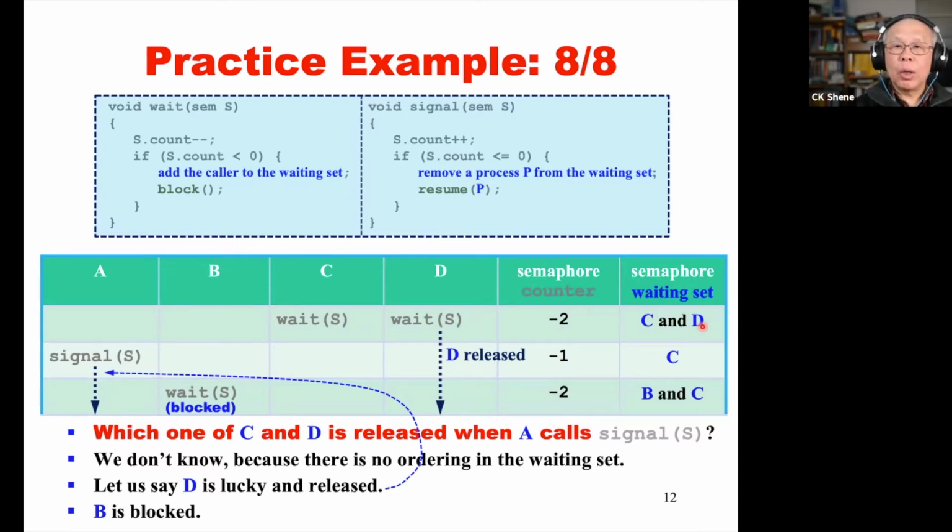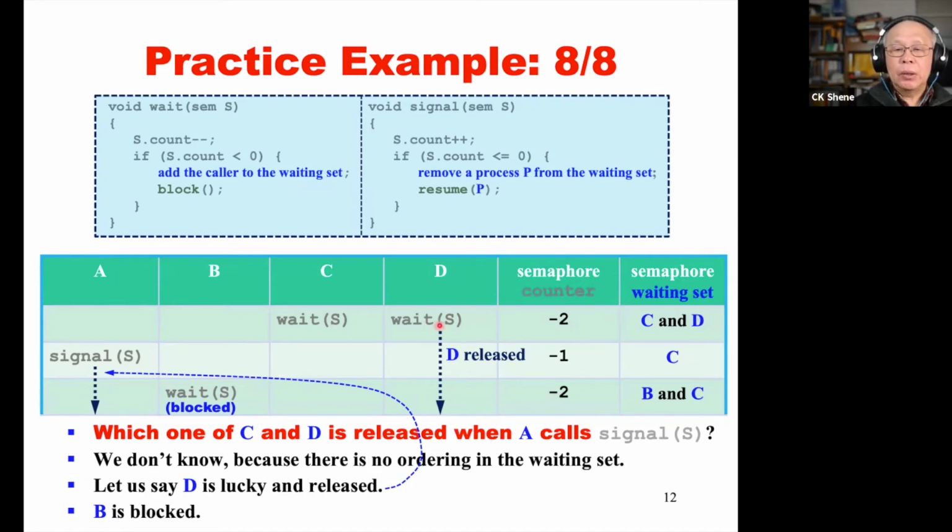And this is what you have to understand in implementing your programming assignment. You cannot assume which one will be released when a signal call causes a thread to be released. So let's say D is lucky, D is released.